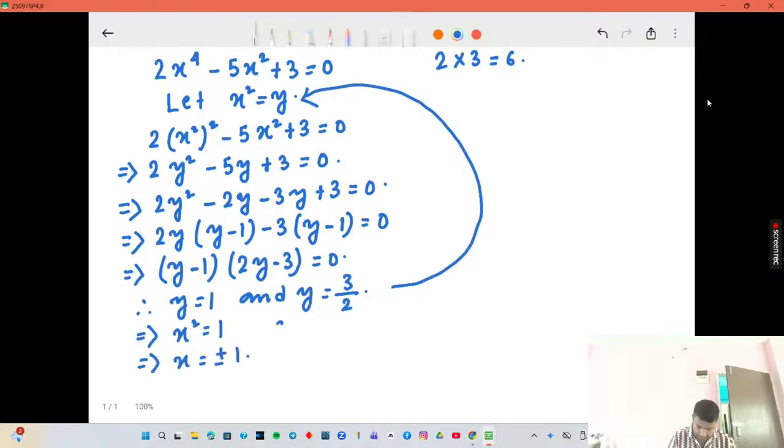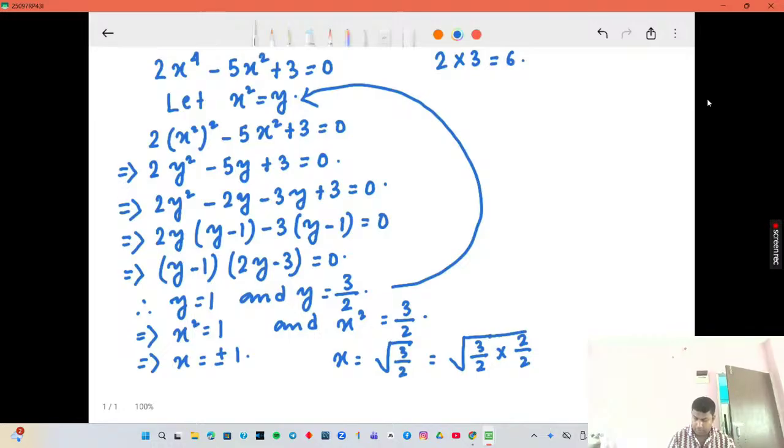And here x squared is equal to 3 by 2, so x is equal to root over 3 by 2, which is root over 3 by 2 into 2 by 2, is equal to root over 6 by 2.